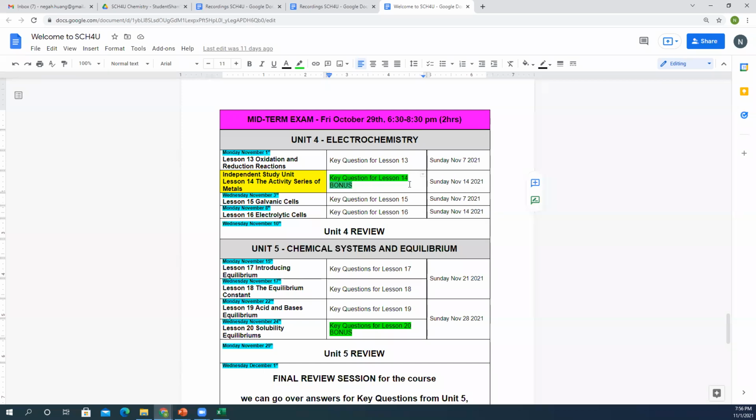If you ever wonder what date is something due, what date is our lesson coming up, you can see right here, our next lesson is Wednesday, November 3rd on the galvanic cell. Okay. And I actually just noticed that I might change the due dates for this. I think I might change this to number 7 since I covered it today and I think it's fair. And then we can push these two for next week.